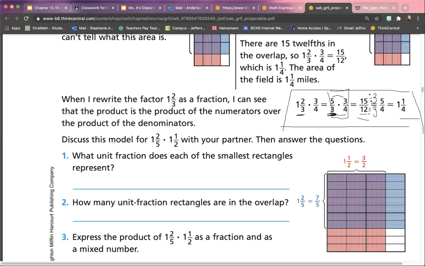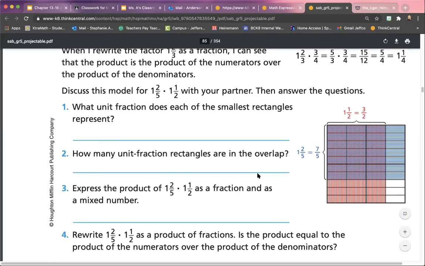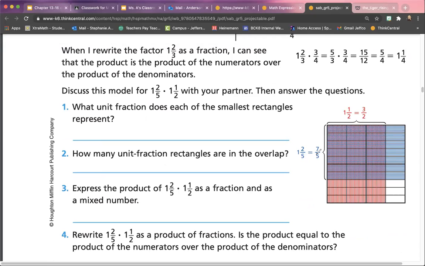So we're going to do one more together, and I want to work through it with the shortcut too. So you guys will see this, and they're reminding you here that 1 1/2 is 3 halves, 1 2/5 is 7/5. I'm not going to have you draw this in your notebook because this one would take really long to draw.